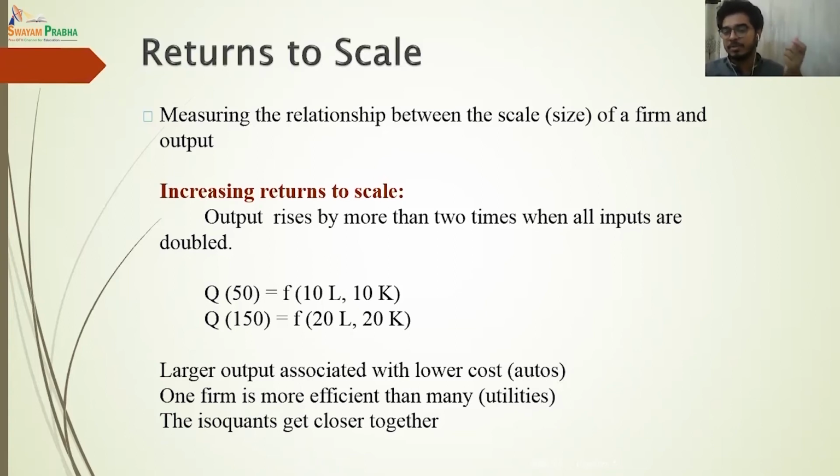And hence, we have seen that even if the labor and capital is increased by 2 times, the output increases by 3 times. And over here, what we observe is that the isoquants get close together.